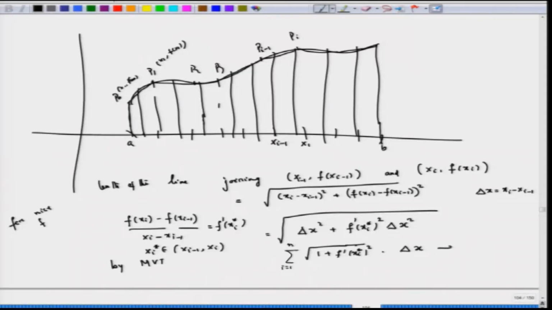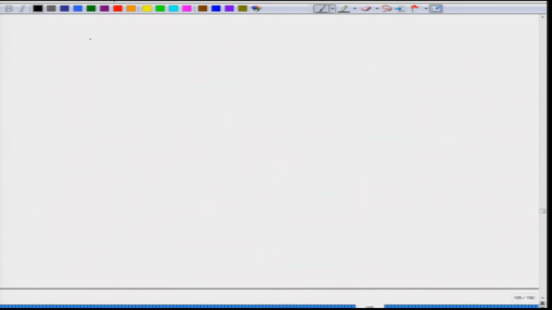So, taking the partition small, this converges to the integral from a to b of the square root of 1 plus f prime of x squared dx. That is going to be the arc length of the curve. So, L is the integral from a to b of the square root of 1 plus f prime of x squared dx.